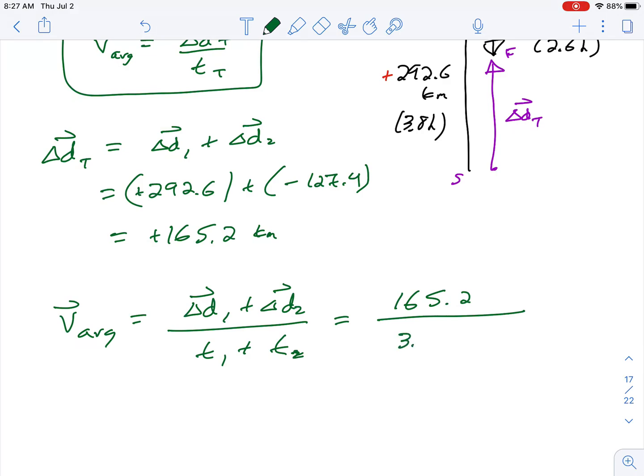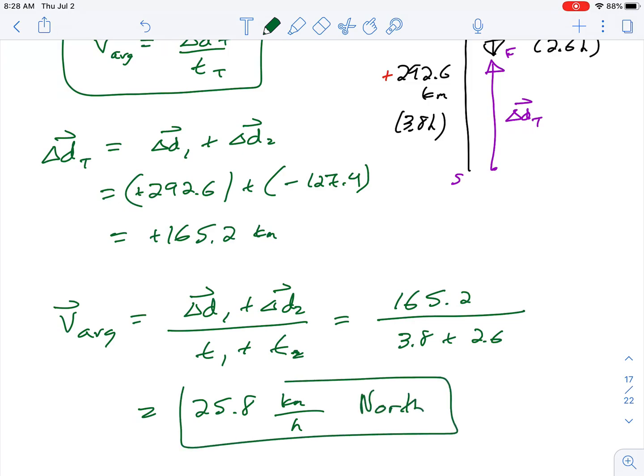Again, that's 3.8 plus 2.6. So that's about 25.8 kilometers per hour, and it comes out to be positive, and positive means to the north. This is a vector quantity, so you have to show the direction of velocity as well.